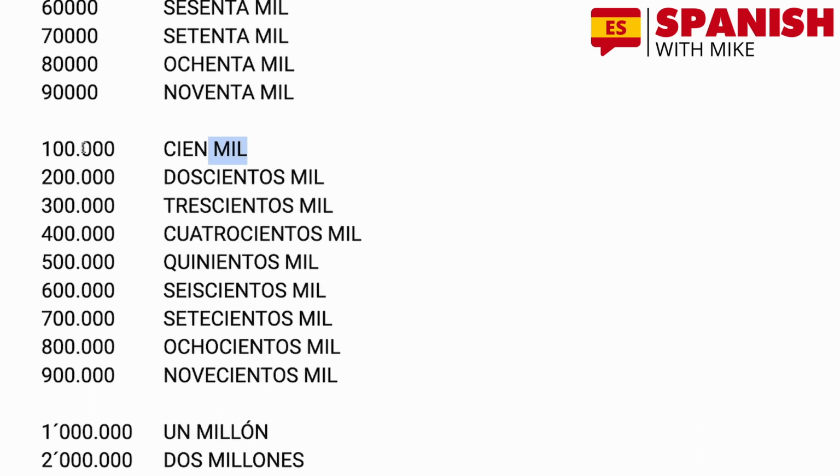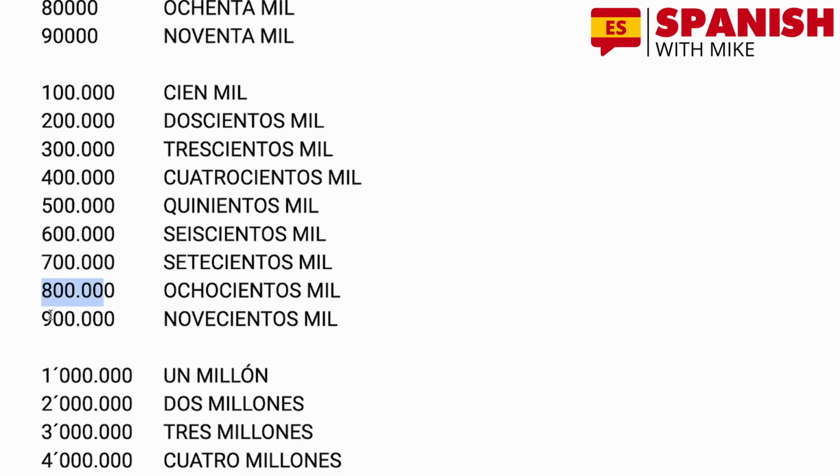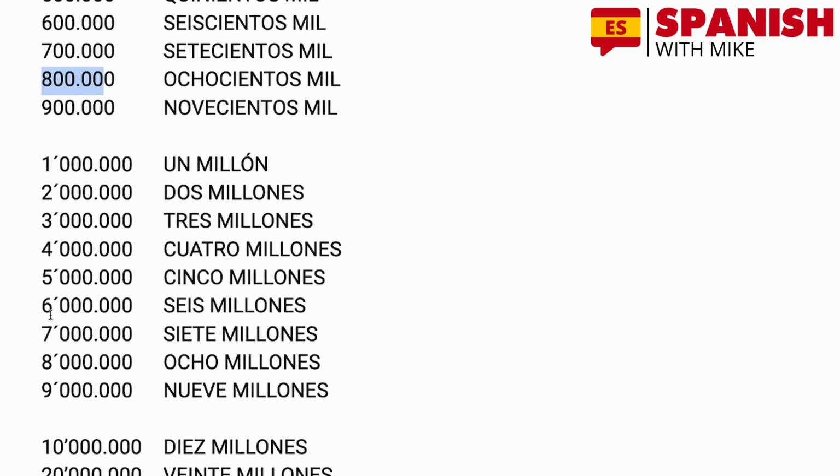So 100,000, 200,000, 300,000, 400,000, 500,000, 600,000, 700,000, 800,000, 900,000. And then we move to the millions.